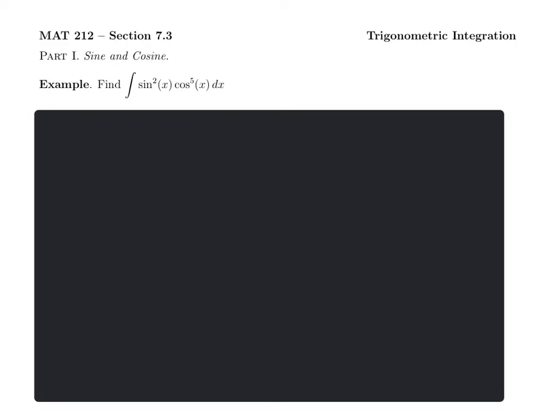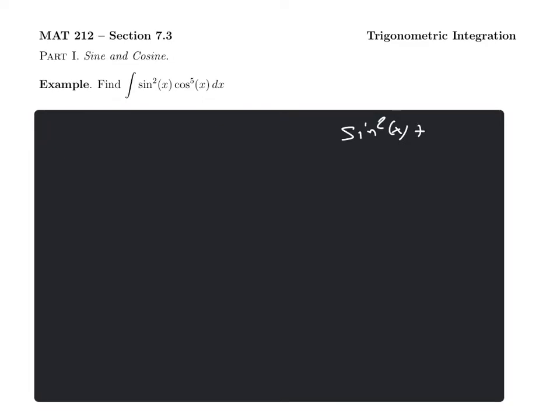So first things first. In this problem, we're trying to find the integral of sine squared of x cosine to the fifth of x. And the main thing here to remember is that we have trig identities that tell us how sine squared and cosine squared are related to each other.